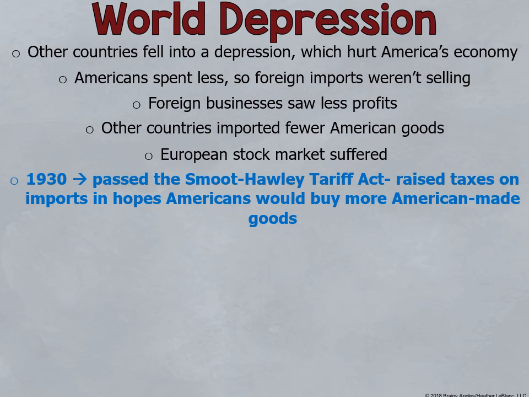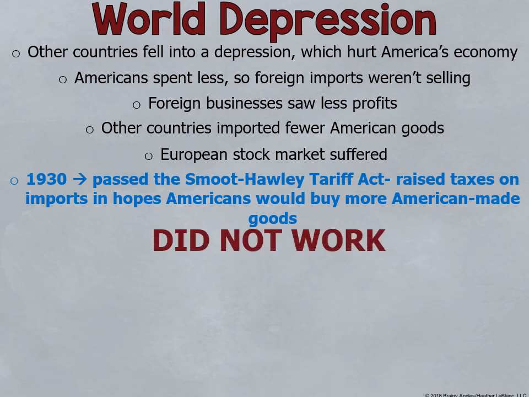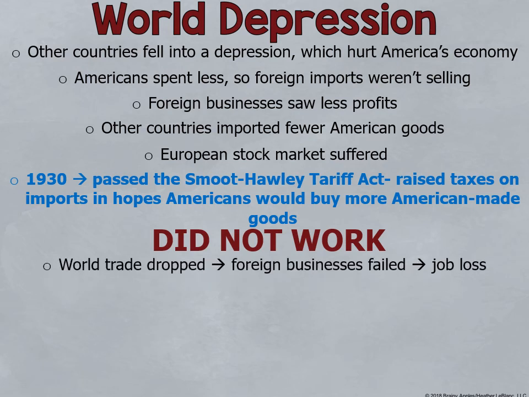In 1930, we see the passage of the Smoot-Hawley Tariff Act. It raised taxes on imports, trying to get Americans to buy more American goods. Seems like a good idea, but probably not good for international relations. And people weren't able to pay for American goods because the cost of those goods also increased.